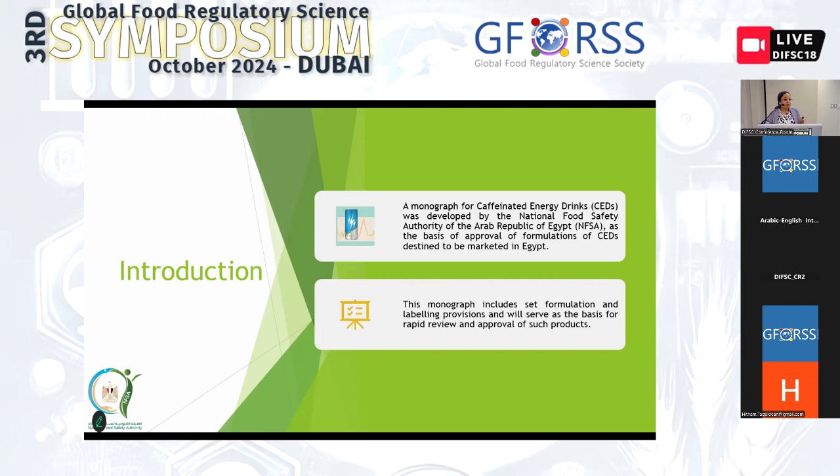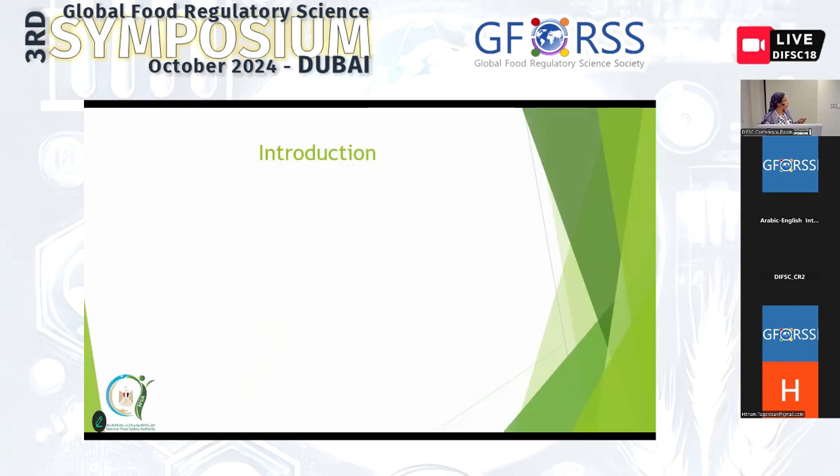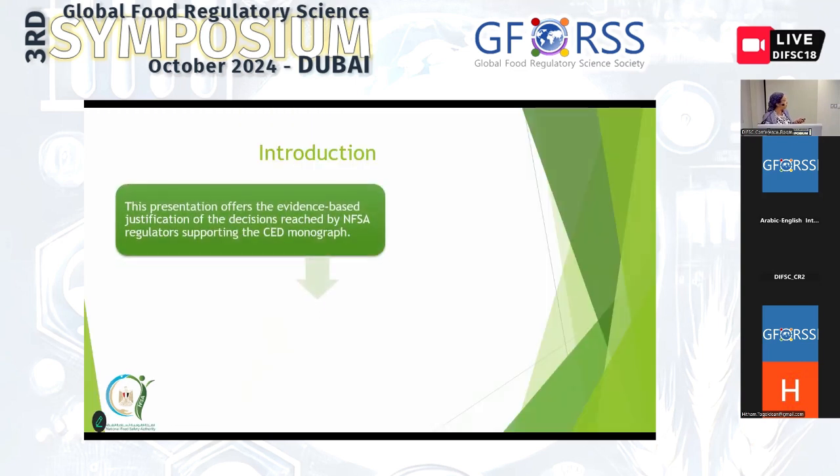Most of them are regulated, but every now and then we find products in the market which are not yet regulated. This monograph includes set formulation and labeling provisions, which will serve as the basis for rapid review and approval of such products. This presentation will offer the evidence-based justification of the decisions reached by NFSA regulators supporting the energy drink monograph.